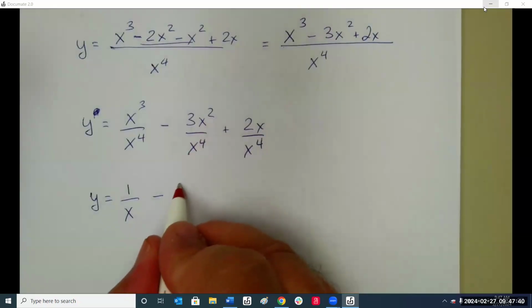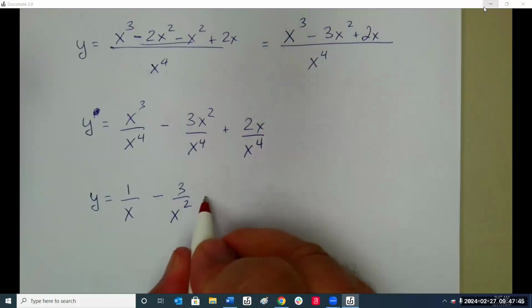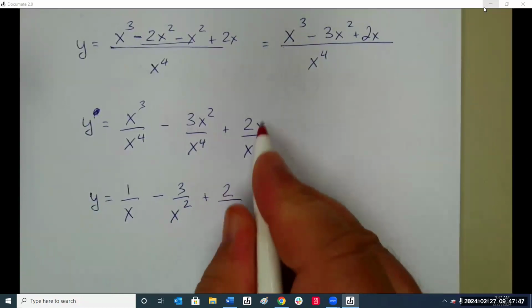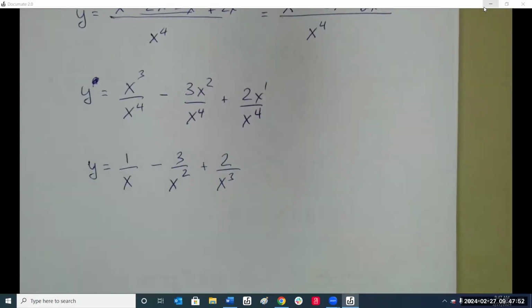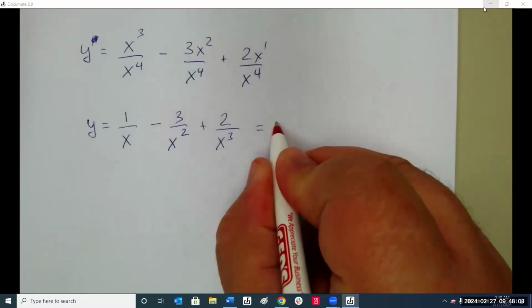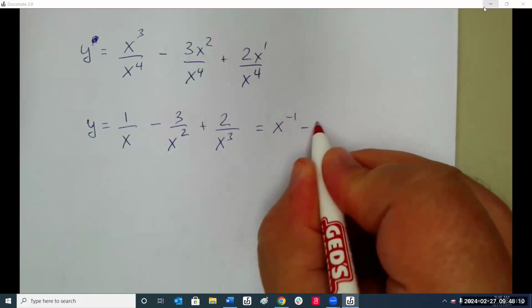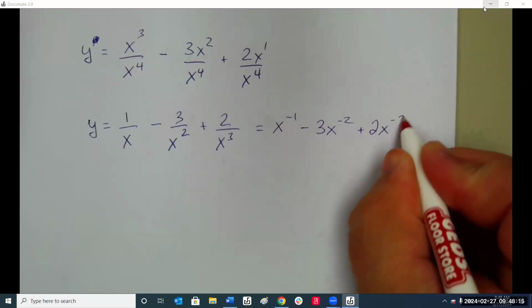X squared over x to the fourth becomes 3 over x squared. And 2x over x to the fourth, we have 2 over x to the third. Rewrite the equation that way. Because this becomes x to the power negative 1, minus 3x to the negative 2, plus 2x to the negative 3.